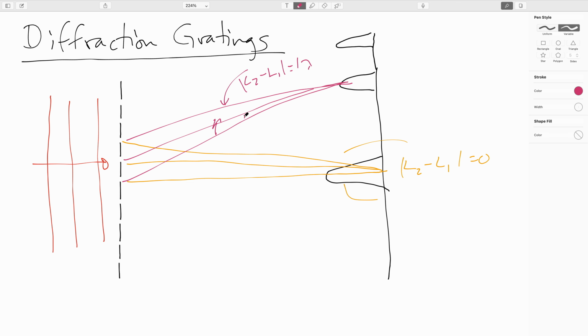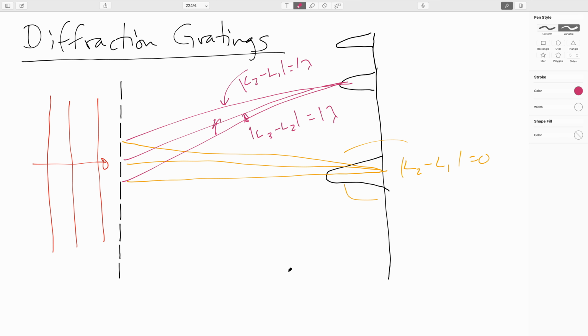And these here would also have a path length difference, call it L3 minus L2, of 1 wavelength. So that means this distance here will be 2 wavelengths longer than this one. But that's good. That's still going to have crest meeting crest or trough meeting trough. And here the differences would be like 2, 4, 6, 8, and so forth.